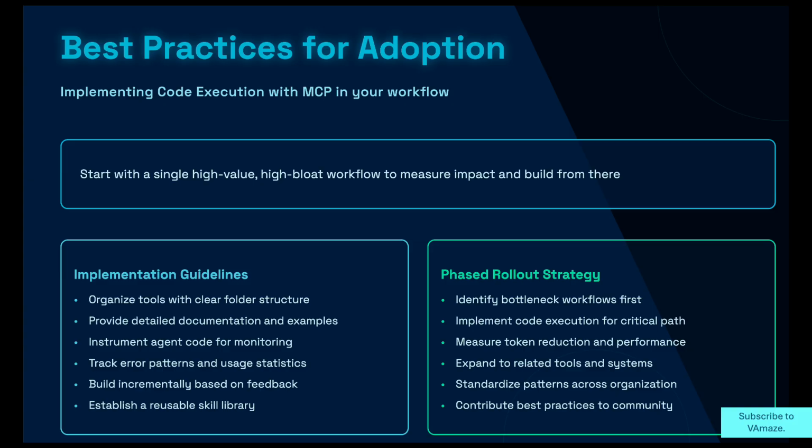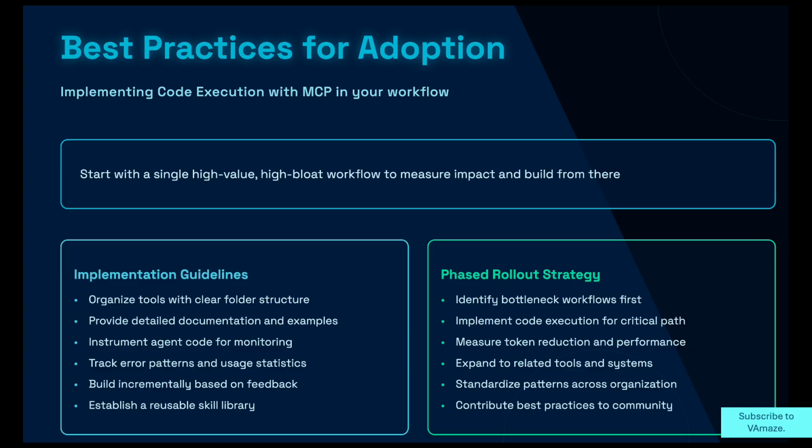Think of it as API design. Clarity and consistency matter. Third, provide good error messages. When code fails, the agent needs clear information about what went wrong and how to fix it. Good error handling in your tool implementations pays dividends in agent reliability. Fourth, implement progressive complexity. Start with basic tool definitions and allow agents to request more detailed information as needed. This natural information hierarchy improves efficiency without sacrificing capability.